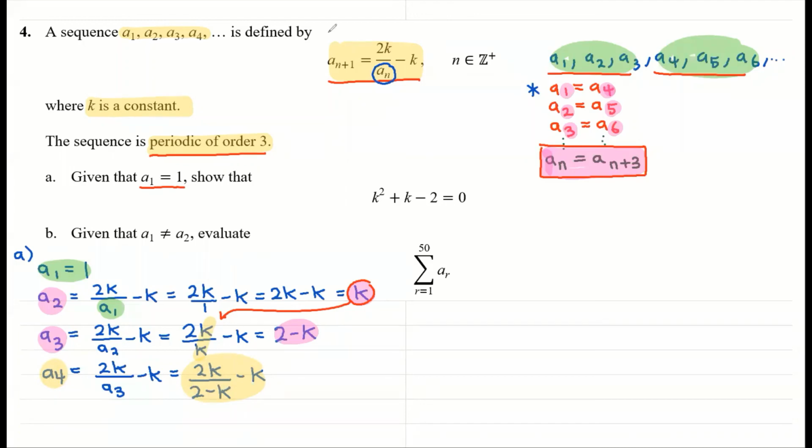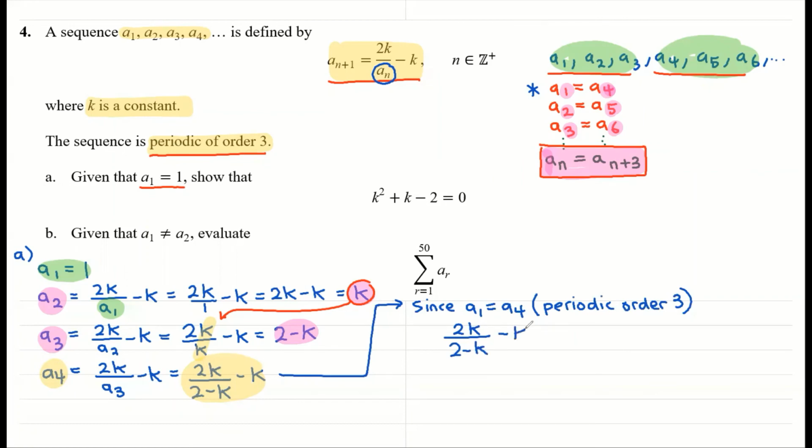So let's set up an equation now. I'm going to take this and do some work over here. Since A1 is equal to A4, because it's periodic of order 3, we can now say that 2k divided by 2 subtract k is equal to 1.